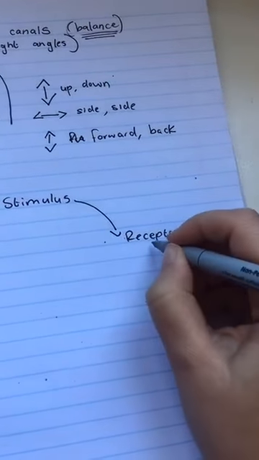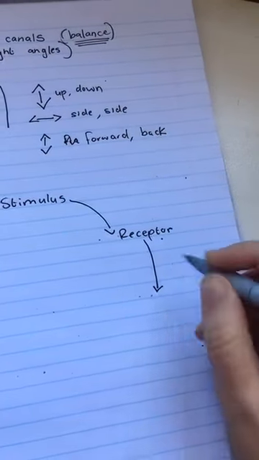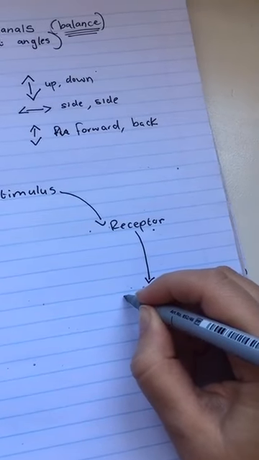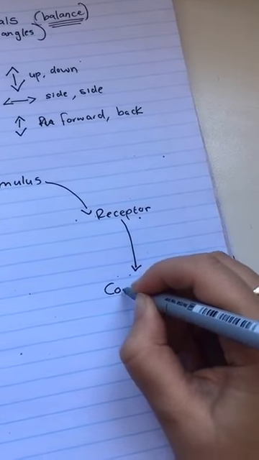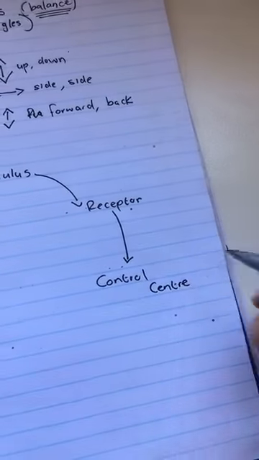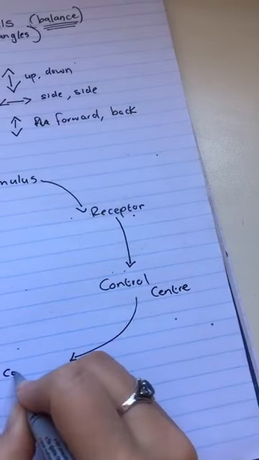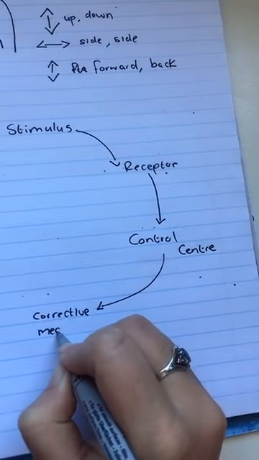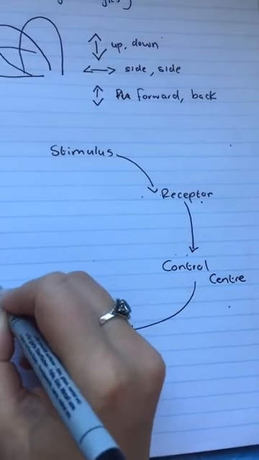The receptor then sends an impulse to the control center. And then from the control center, it creates a corrective measure. That corrective measure is then sent to an effector.